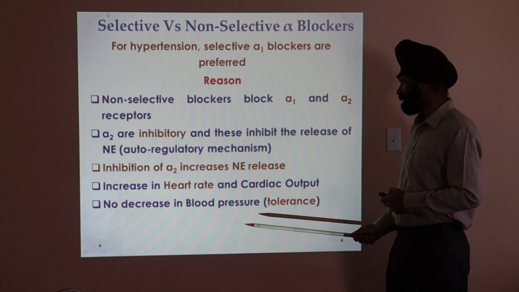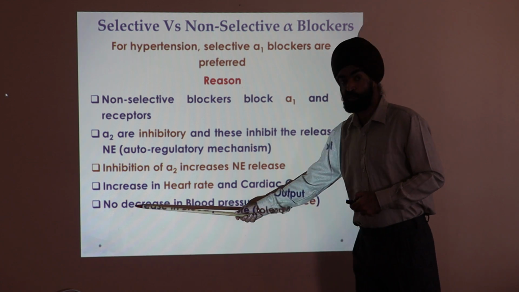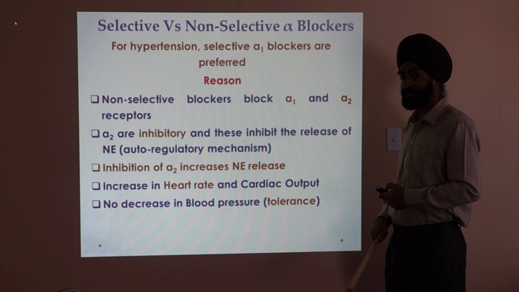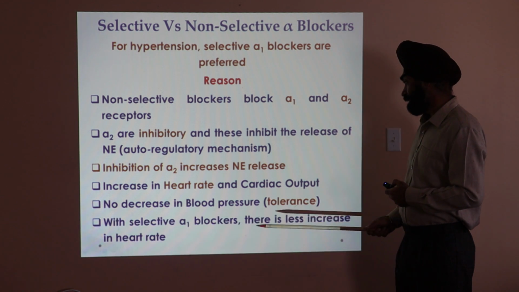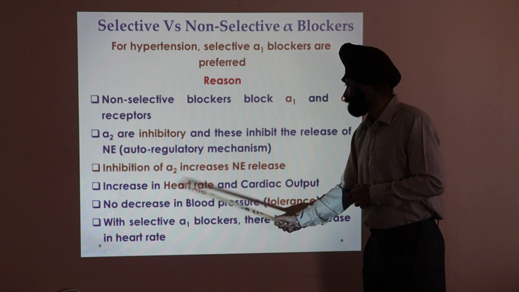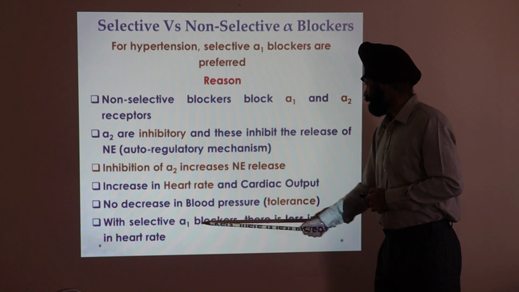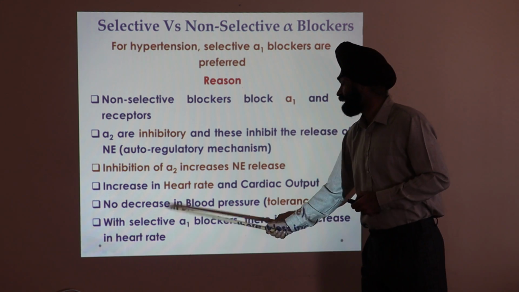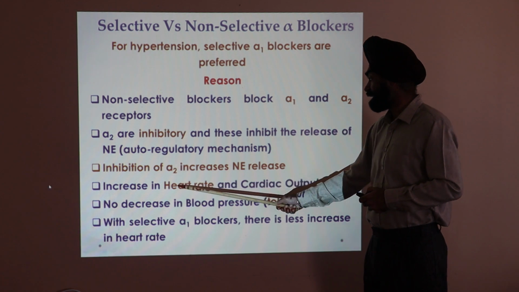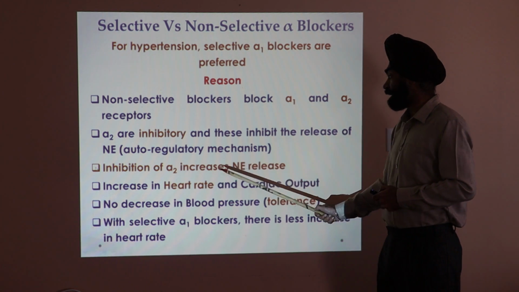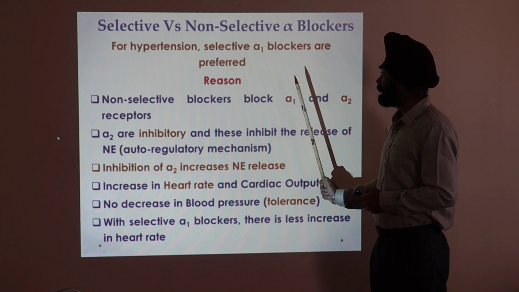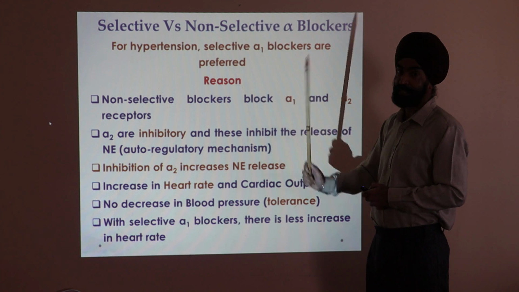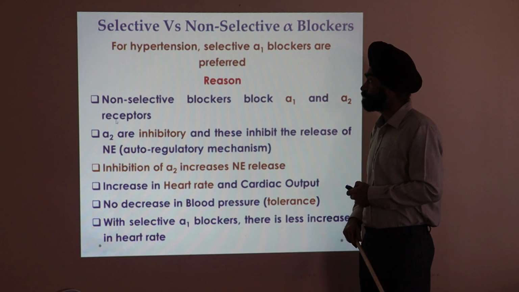So ultimately there is no effect on the blood pressure; you can say tolerance develops. But if you use alpha 1 blockers, there is little increase in the heart rate, because the heart rate here was increased because of the increase in norepinephrine. So that is why we prefer alpha 1 blockers over the non-selective alpha blockers.